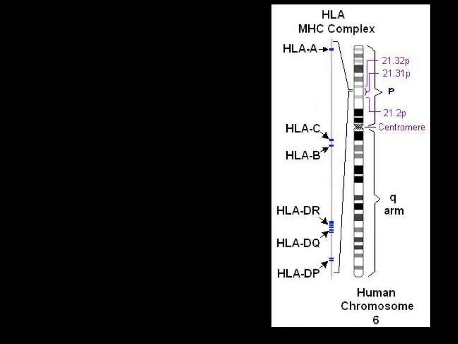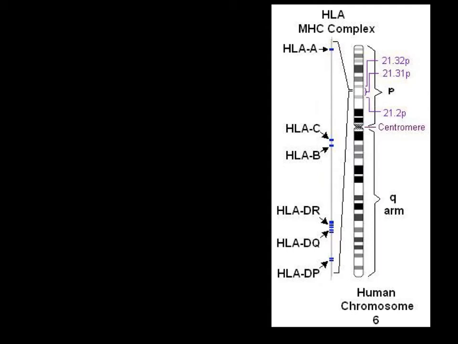in the presentation. This is a more accurate diagram of chromosome 6 showing HLA-A, HLA-B, HLA-C, and then the 3 different subregions of HLA-D, DR, DQ, and DP. And you can see the view is kind of zoomed out or exploded out.